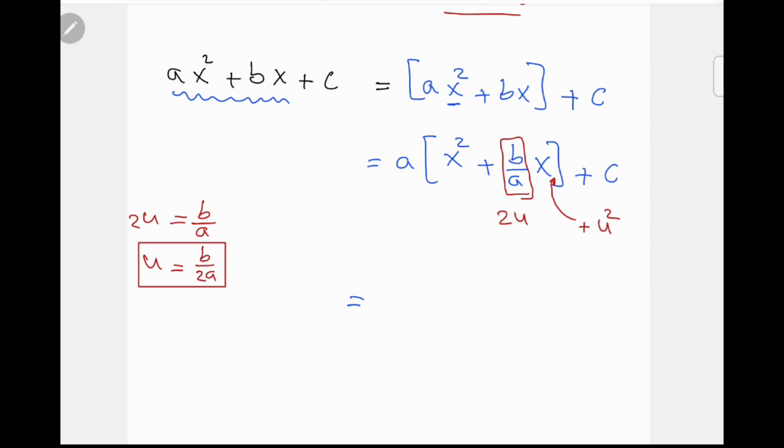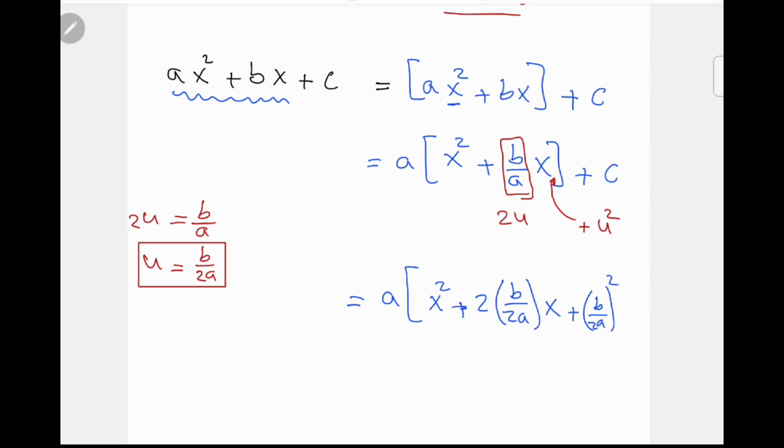By determining this, I can express this as a times x squared plus 2 times b over 2a, which is 2u, times x, and then I add plus u squared.